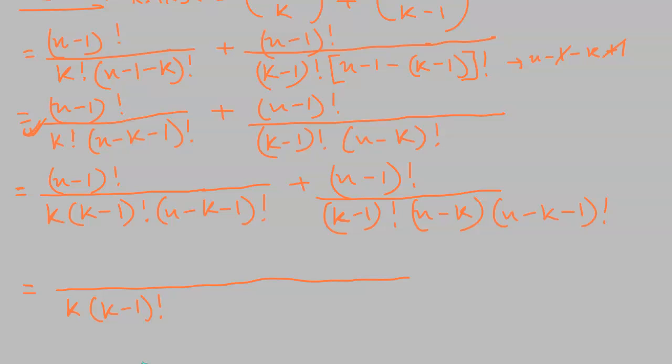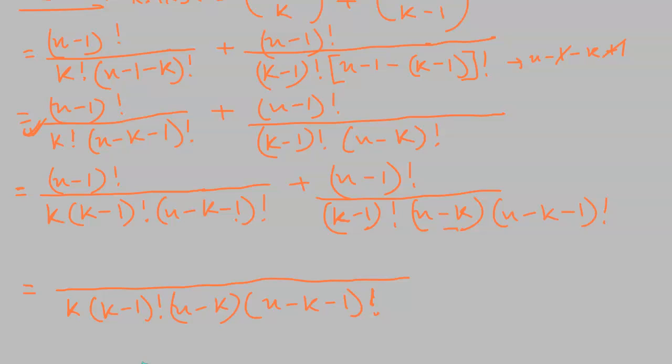Over here we are having k minus 1 factorial and n minus k minus 1 factorial, and over here we are having one new factor, that is n minus k. So we write n minus k times n minus k minus 1 factorial. Okay.